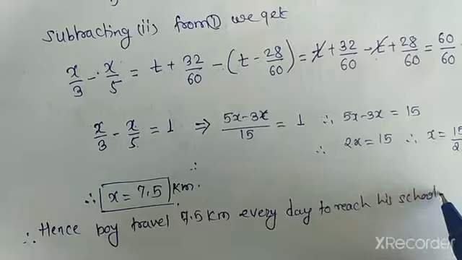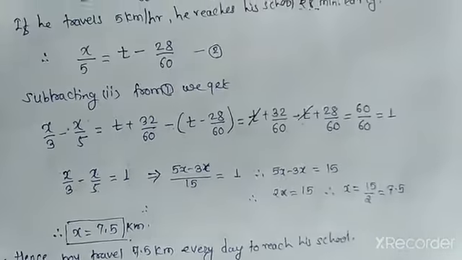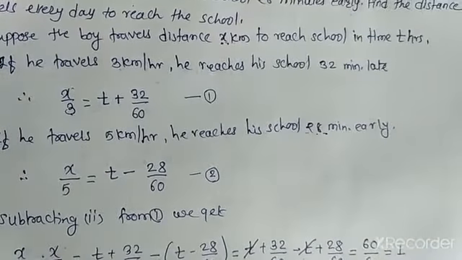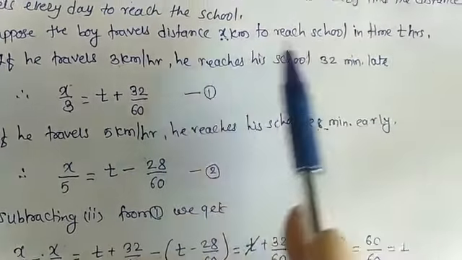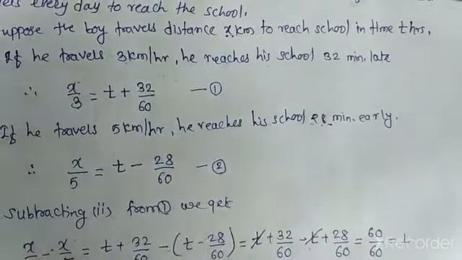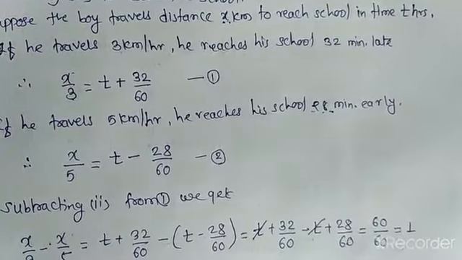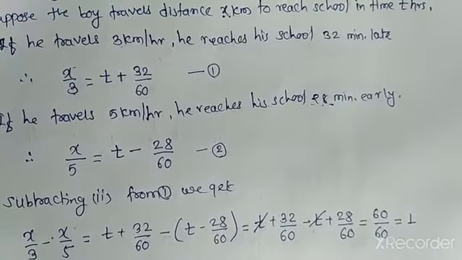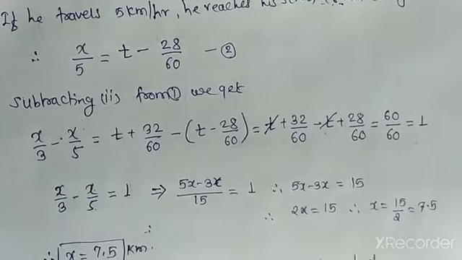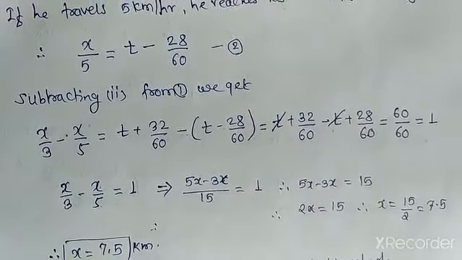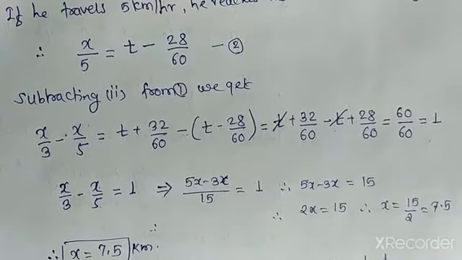And if we have to find the time, it is t hours, so we will put x in any one of the equations, and we will get the required solution. So this is our first example related to time and distance.